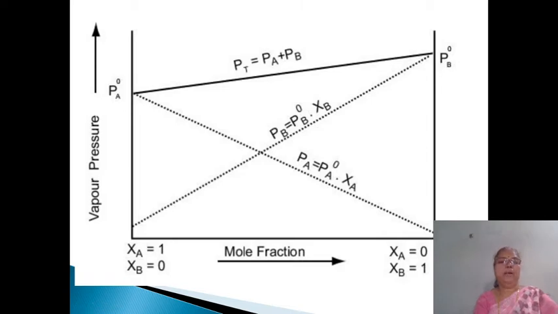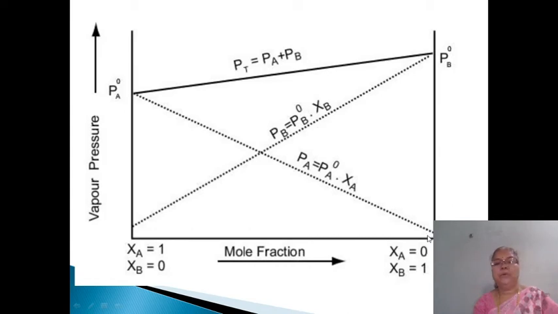And if we plot the graph of vapor pressure on the y-axis, and on the x-axis suppose we have mole fraction, then for constituent A we get a straight line graph, and this is the straight line for component B. At this point we have XA, the mole fraction of A constituent, equal to 1, and at this point the mole fraction of A constituent is equal to 0.